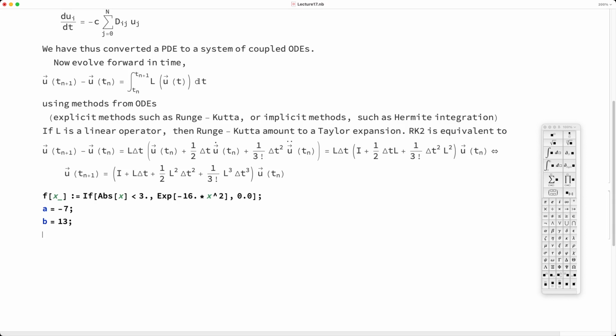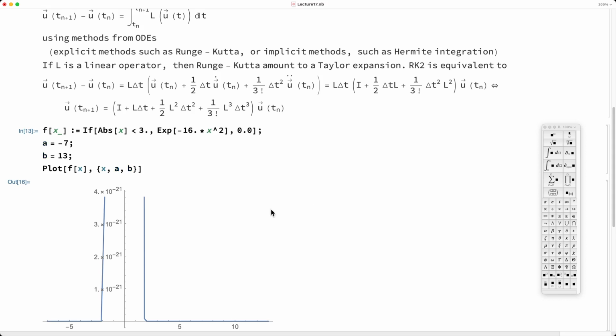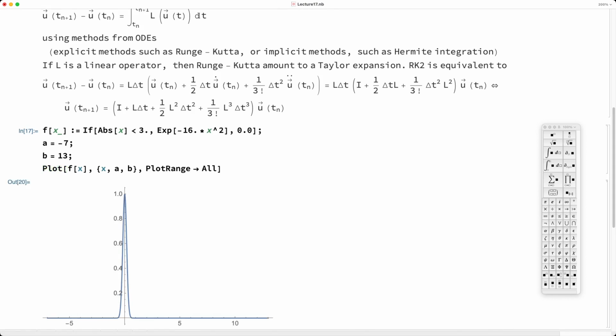And let's just plot it. Mathematica doesn't show us the whole range, so we can use PlotRange All. So now we see what our domain looks like. It's simply a Gaussian with support near the origin x equals 0.